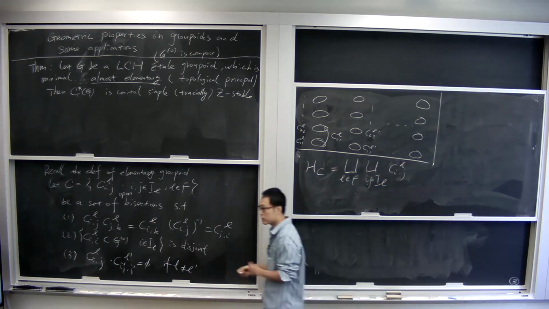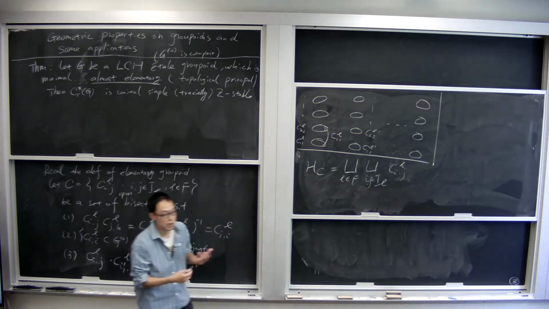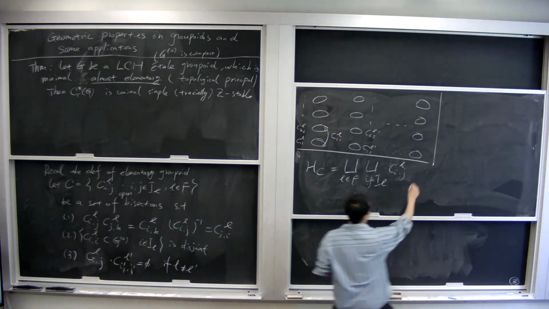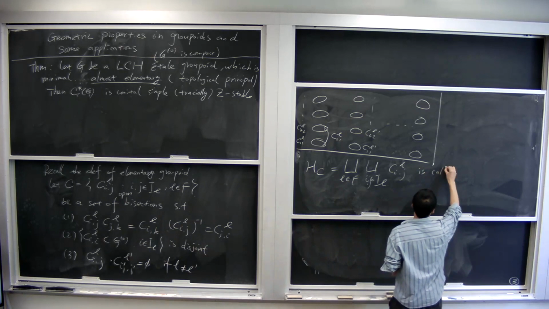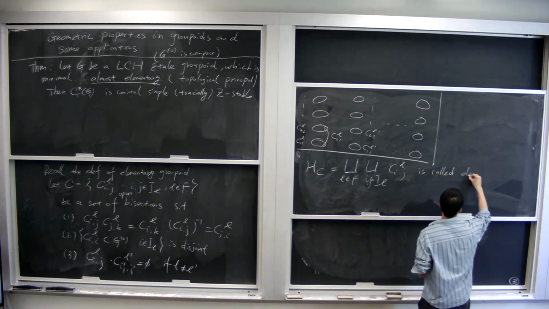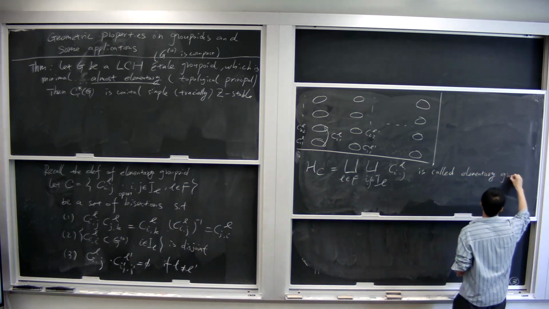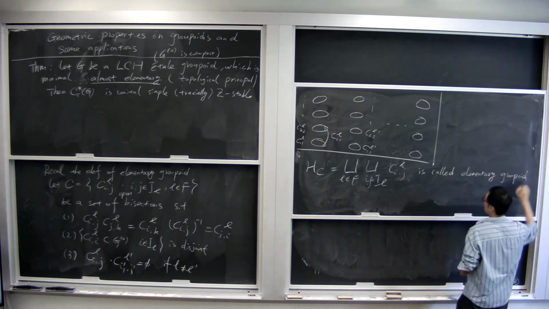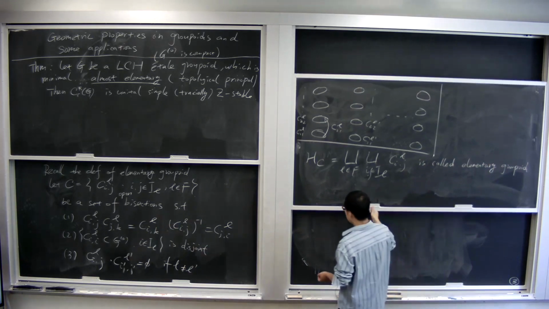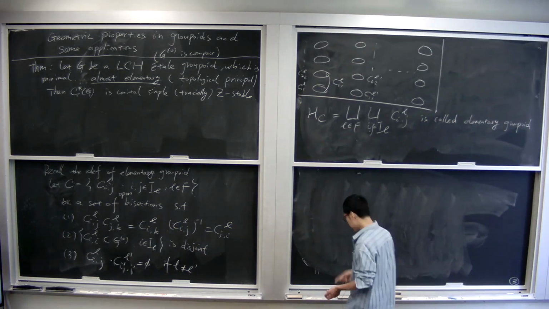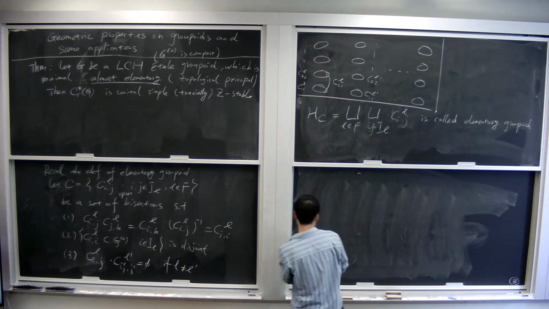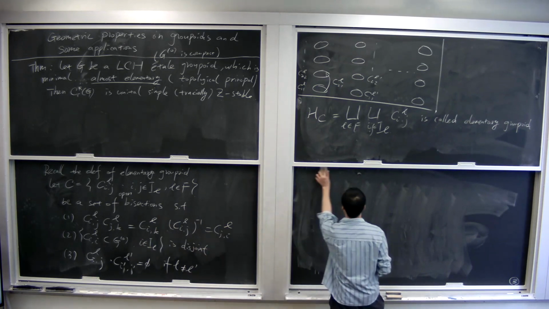It's a groupoid, and it's called the so-called elementary groupoid. So then, what does almost elementary mean?